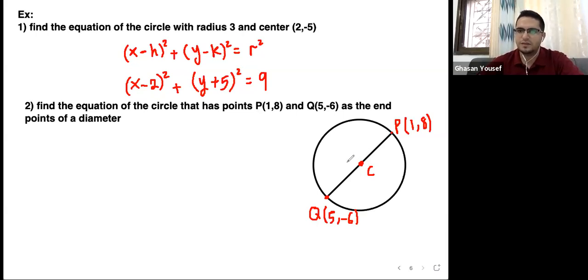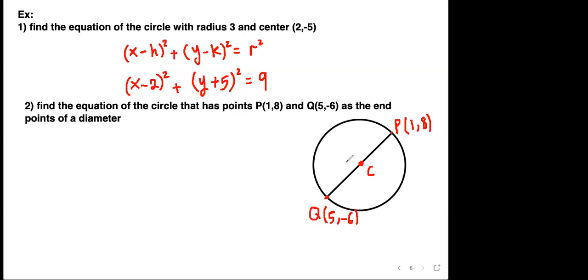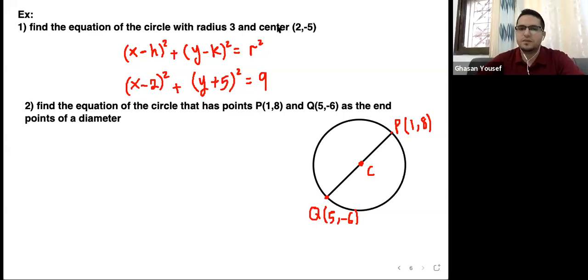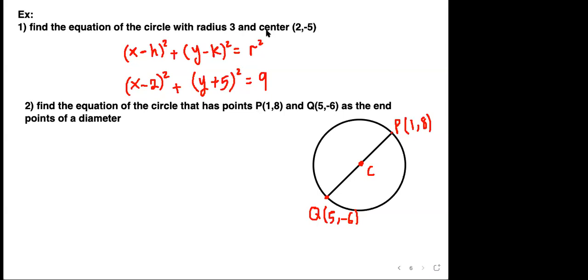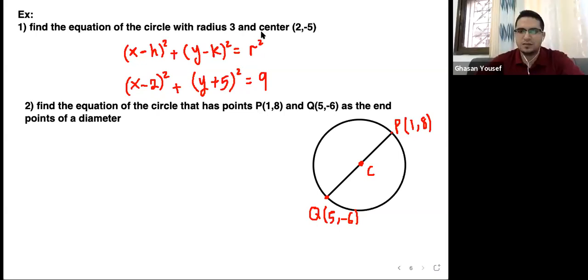Yes, go ahead, Mahsina. We can use the distance formula, and how can we find the center? For the center, you add the x values and divide by 2, comma, the y values divided by 2. Yes, this is correct. What is that called?